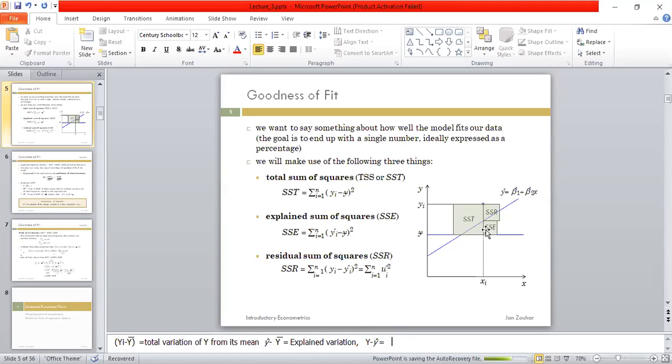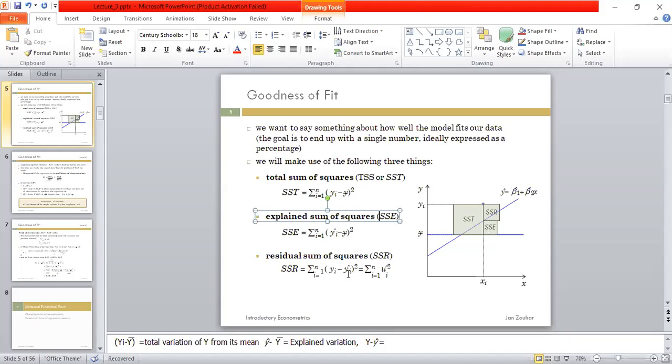Now you also have the explained variation. How many explained variations will you get? Again, 30. You square them, you add them, and you get the explained sum of squares, ESS or SSE. What is that?